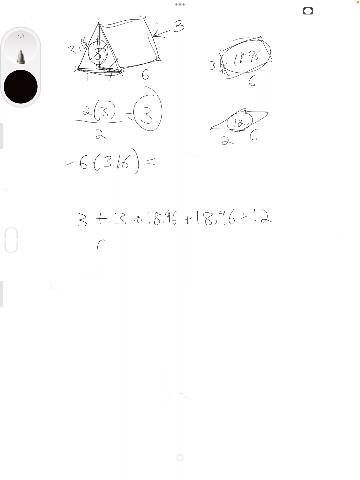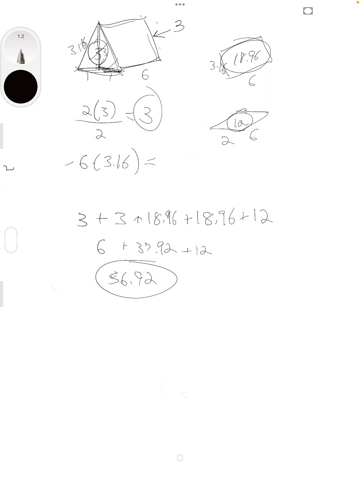So I'm going to do this kind of in my head. That's 6, and this is 36, 38. This would be 37.92, and then plus 12. And so 6 and 12 is 18. So 18 plus 37 is going to be 56. So 56.92. And this is in inches.